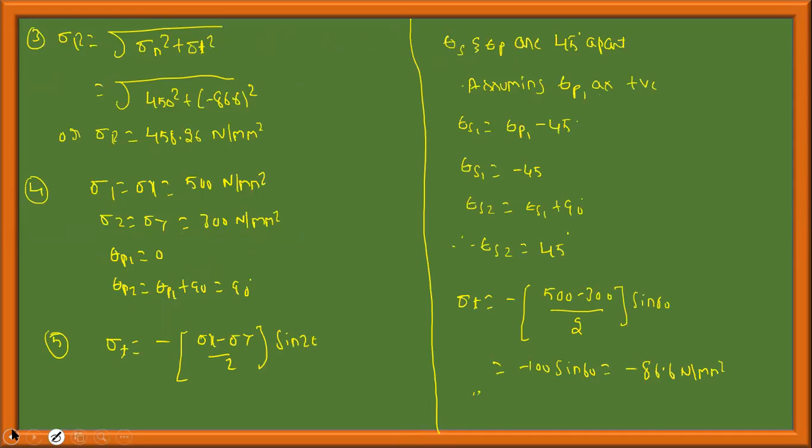Theta s1 is plus 45, theta s2 is minus 45, which is nothing but cos of minus 90, which is also 0.